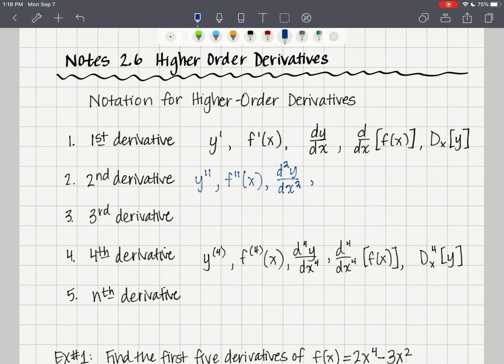If we were just taking the derivative of an expression, and it was the second derivative, d2 over dx2 of f of x, and this funky notation that we've never used before, d sub x 2 of y.